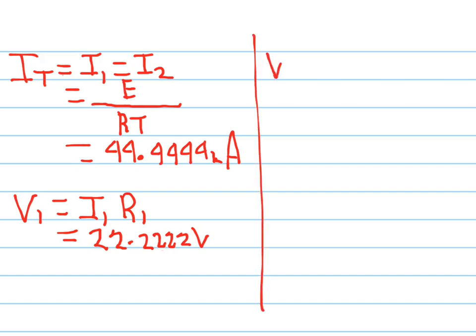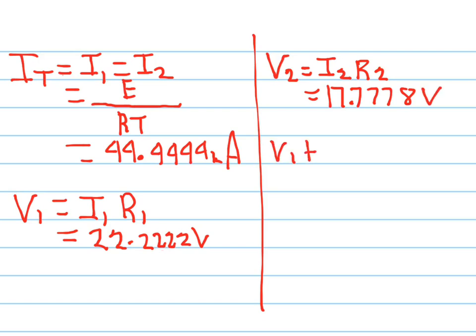Put a line, and then V2 equals I2 times R2, so it's the 44.444 milliamps times the 400, not the 2000, equals 17.7778 volts, and V1 plus V2 equals E. There could be a very slight rounding, but I get 39.99999, which is perfect. This equals 40 volts.